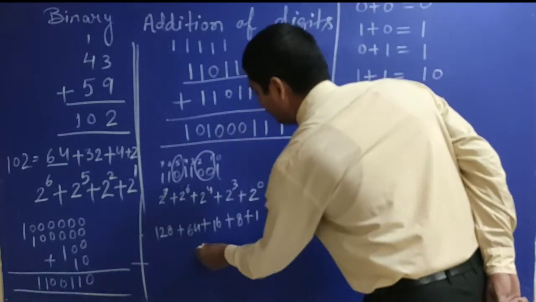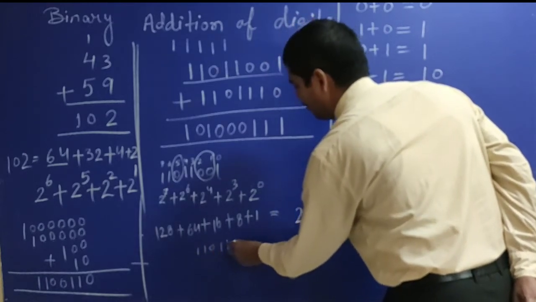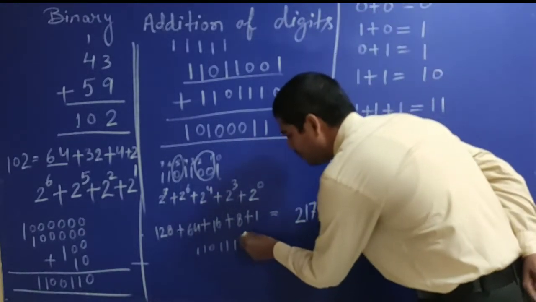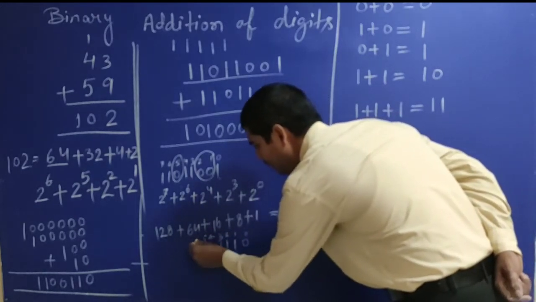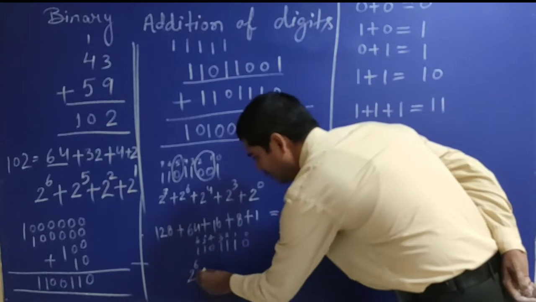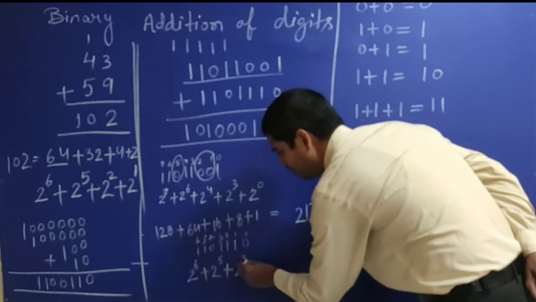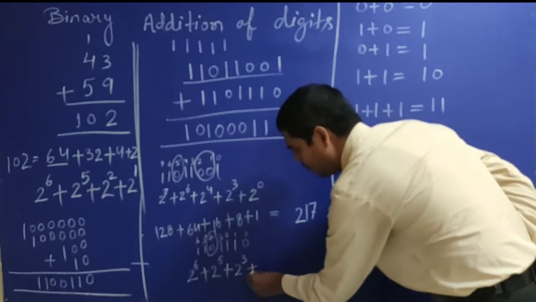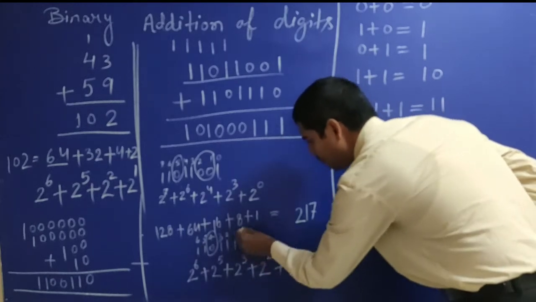Again, another number is 1101110. Now we will put the positional values 0, 1, 2, 3, 4, 5 and 6. Now again we will put 2 to the power 6 plus 2 to the power 5 plus 2 to the power 3 plus 2 to the power 2 plus 2 to the power 1, and the other will become 0.